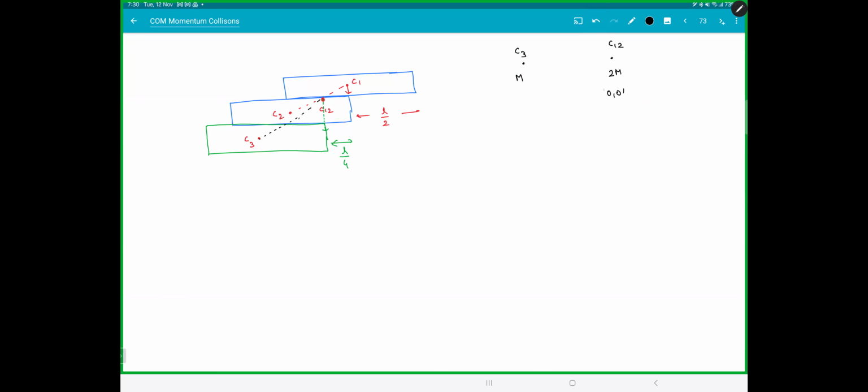If I take this as origin, this is minus L by 2 comma 0. Why is that L by 2? Because C3 is the center.